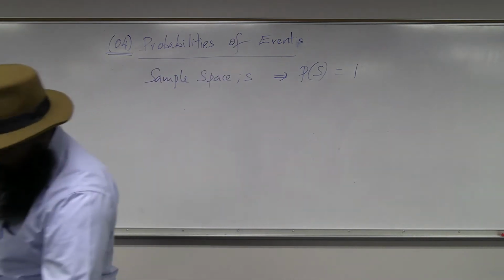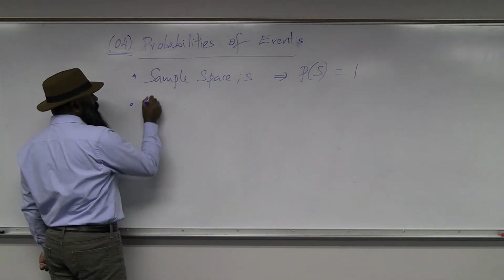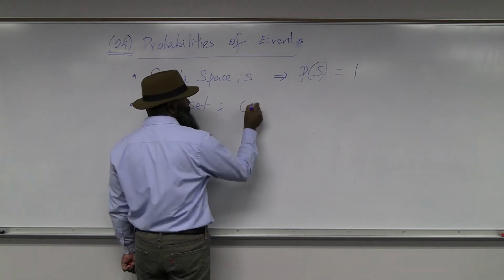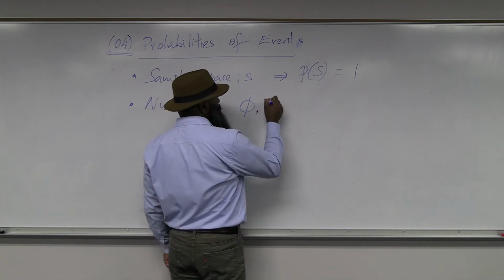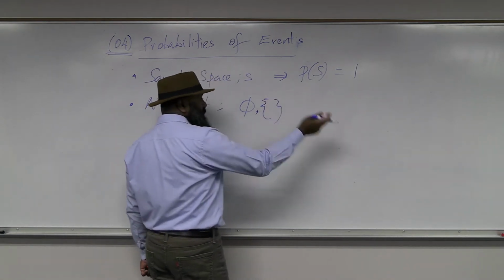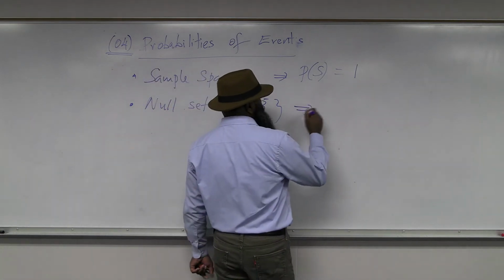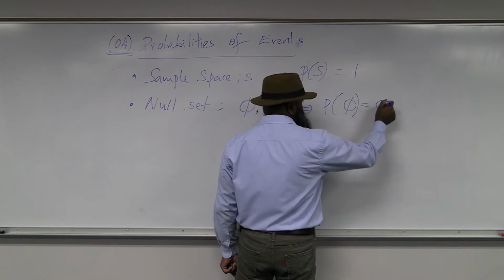And the next point is the probability of the null set. Null set, which can be written as a 0 and a little vertical line, or you can write it as 2 curly brackets without any elements inside. So that's the null set. So the probability of the null set, what could be the probability of the null set? This is equal to 0.